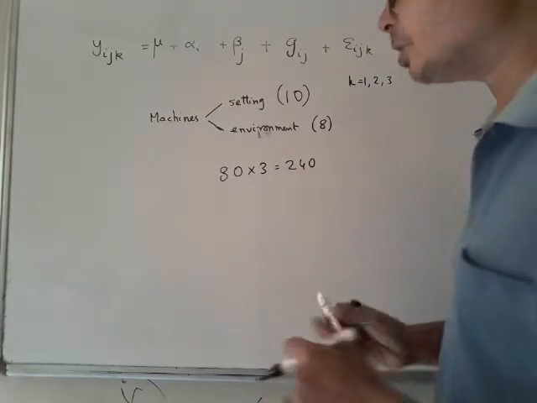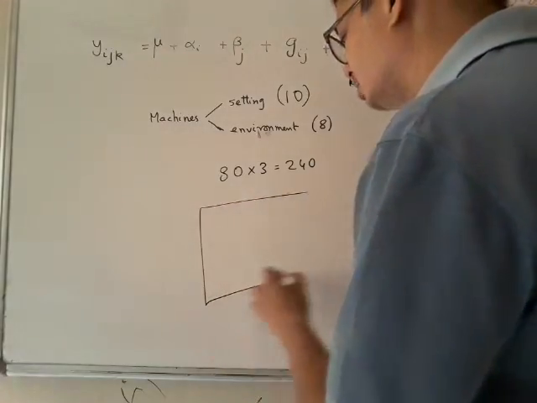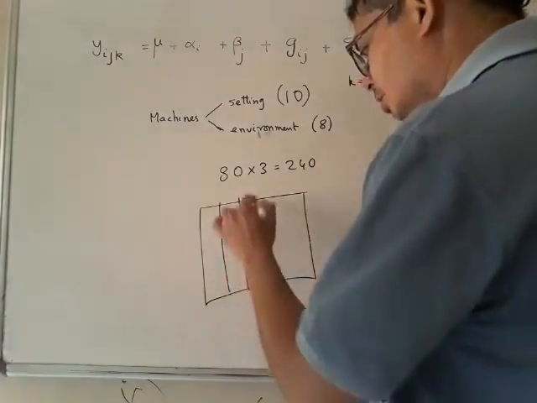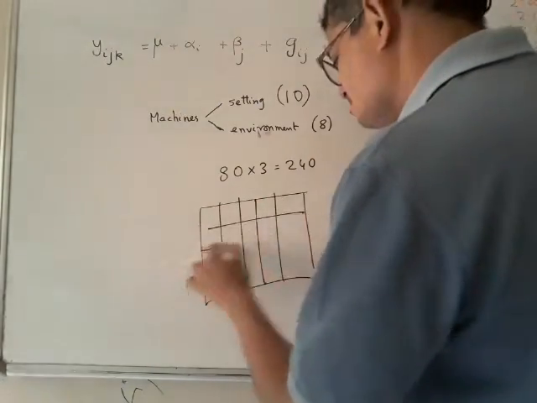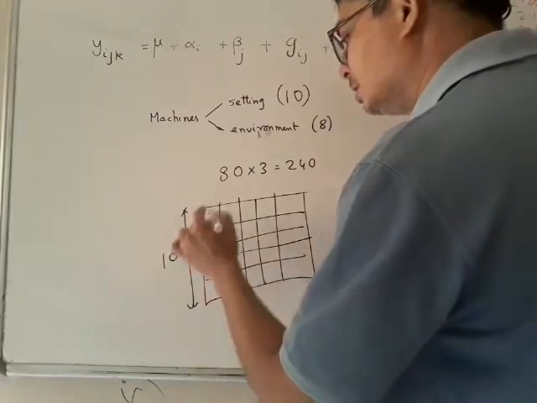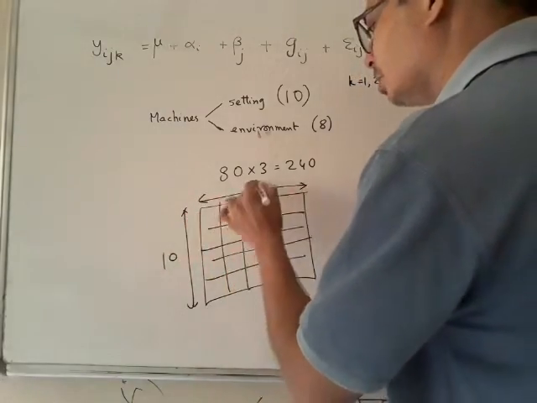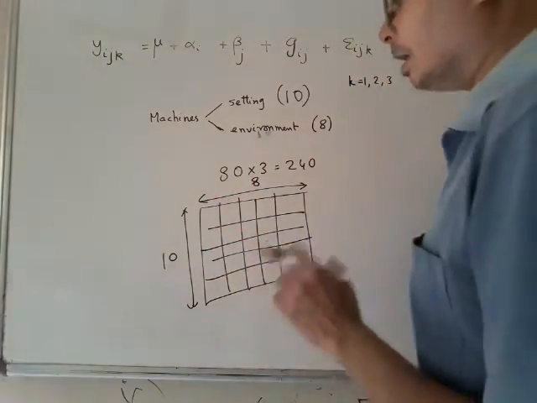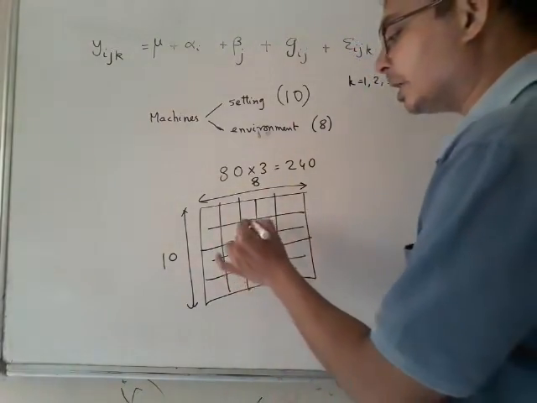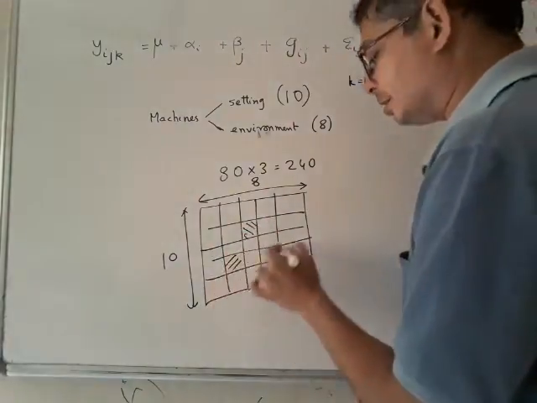In that case, what you do is this: you make this grid. So you have this 10 by 8 thing. So I have got 10 possible settings and 8 possible environments. Instead of looking at all possible combinations, you pick some of them at random.